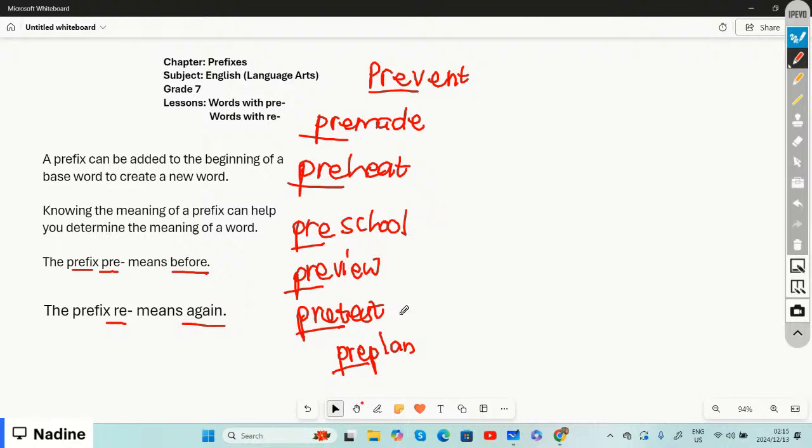All right. And if we look at these words here on the left hand side, which is prevent, pre-made, preheat, preschool, preview, pre-test, and pre-plan. These words start with the word pre. And the word pre is going to be added at the beginning of a base word.